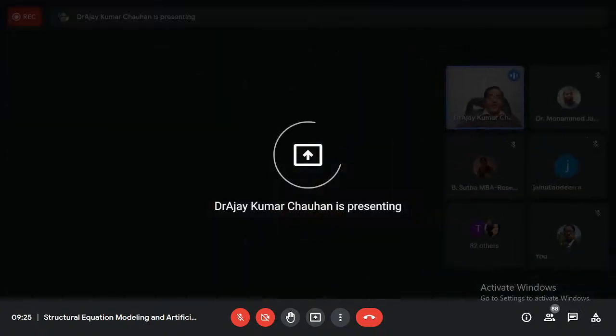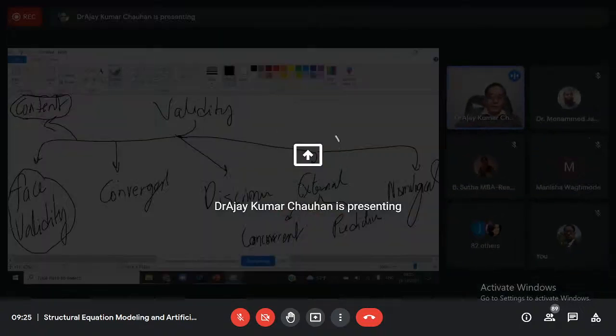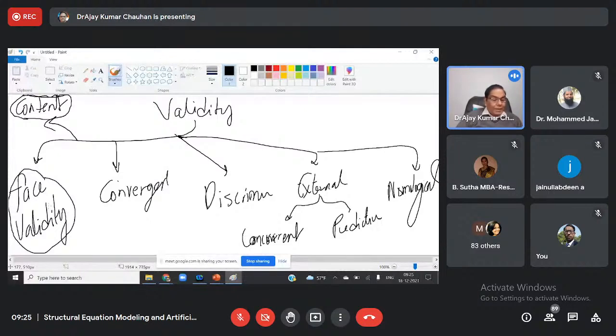So face validity indicates whether your respondents, the people from whom you are getting the data, understood the factors, understood the meaning of the statements, and understood the language used in the questionnaire. If yes, then it is called face validity. So we normally conduct a pilot survey.